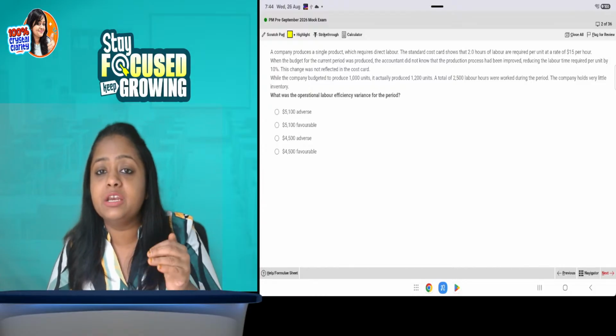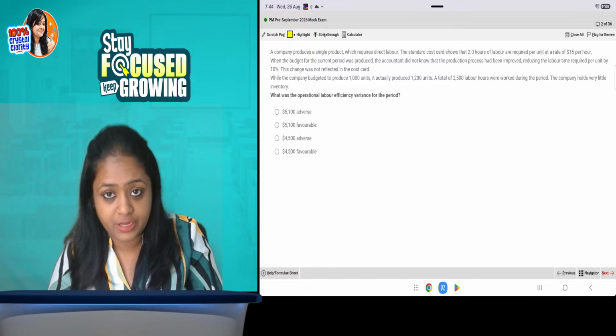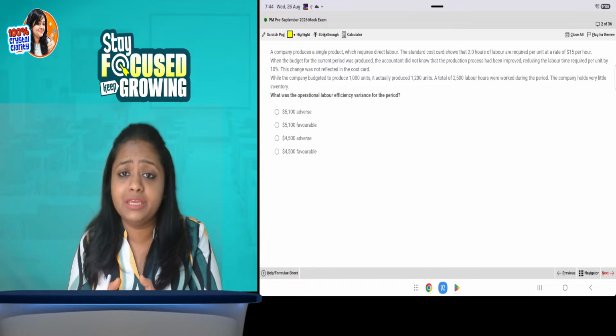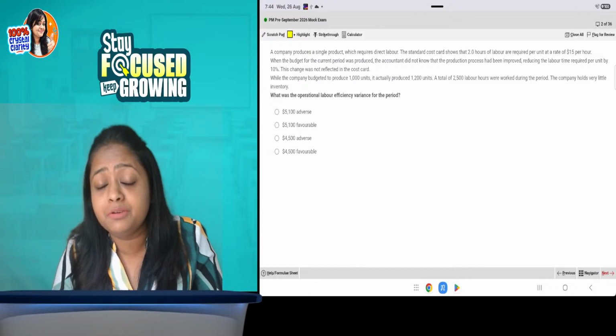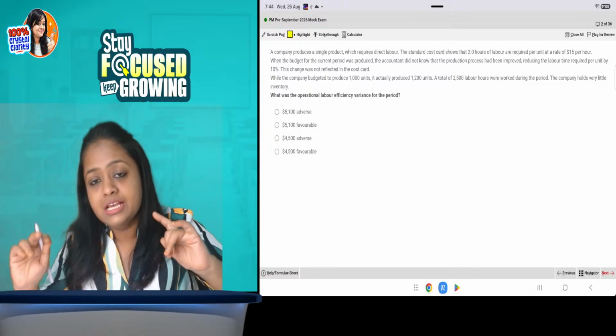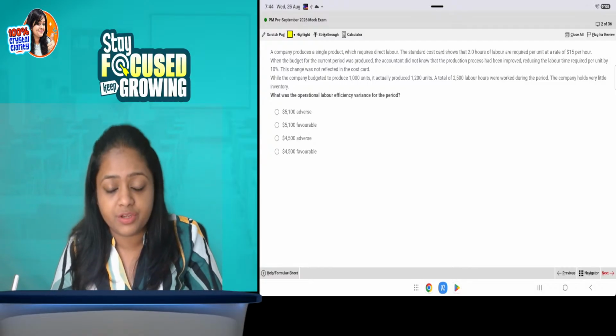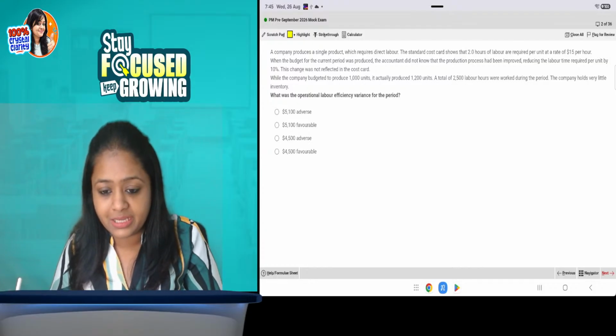And then we compare it with actual hours, get the difference multiplied with standard cost of labor. Same formula here, but since it is an operational variance, we will do a comparison between revised budgeted figures and actuals. So instead of taking original budgeted figures, we will take revised budgeted figures. Okay, now let's do the calculation.